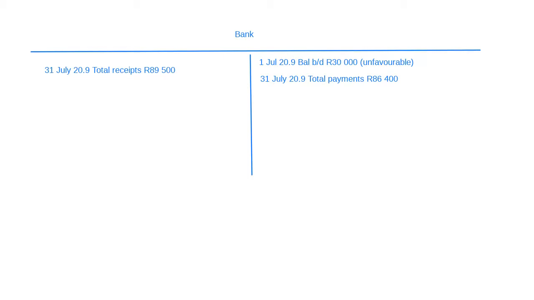So it's 30,000, less our 89,500. So to balance our account, the balance that would be carried down would be 26,900. And this would be on the 31st of July.